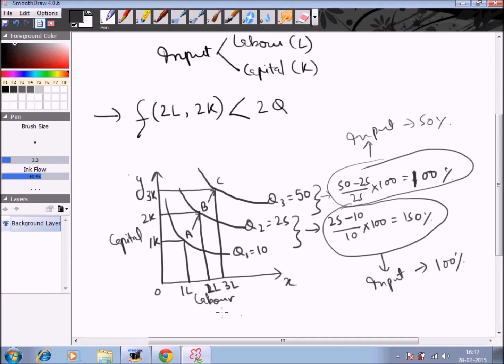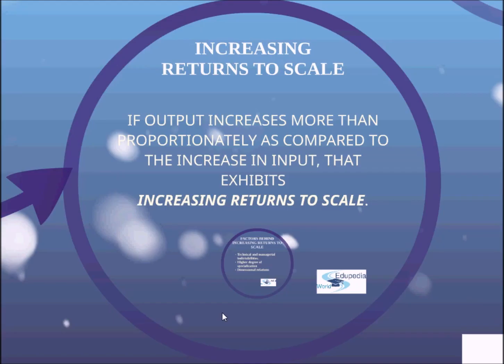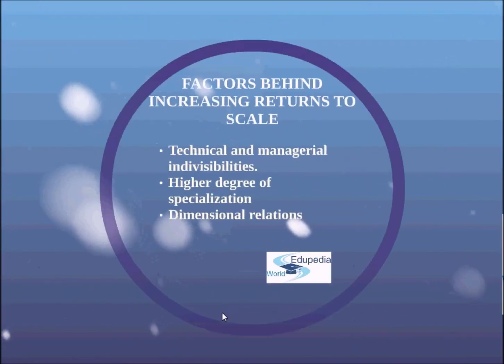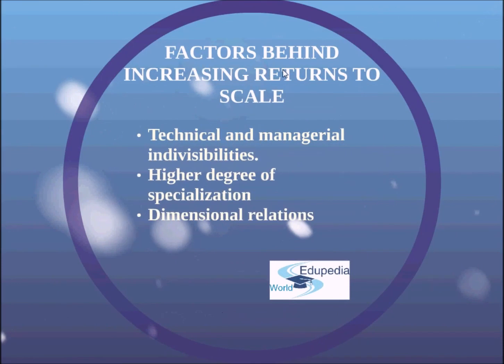Now let's see what are the reasons behind the increasing returns to scale. That is, we are going to study the factors behind increasing returns to scale. First one is technical and managerial indivisibilities. Certain inputs, for example, mechanical equipments and managers, which are used in the production process are available in a given size.